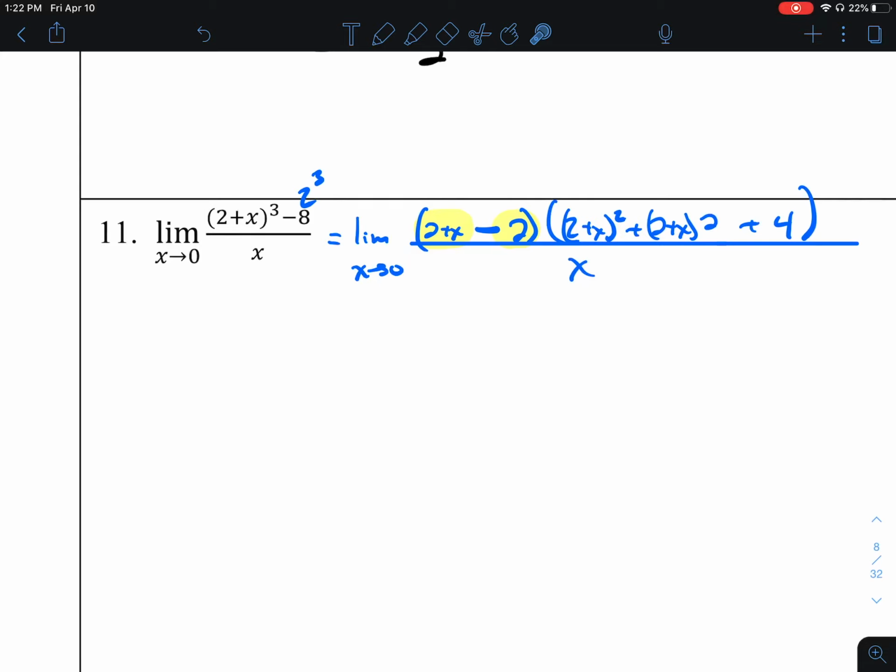As far as your signs go, it is SOAP, same as this one was, opposite, and then always positive. The first position of this trinomial is the cubed root of this squared. The last position of the trinomial is the cubed root of this squared. And the middle term is the product of these two terms, of these two cubed roots, which is what this is.